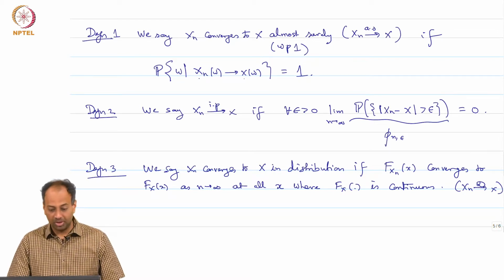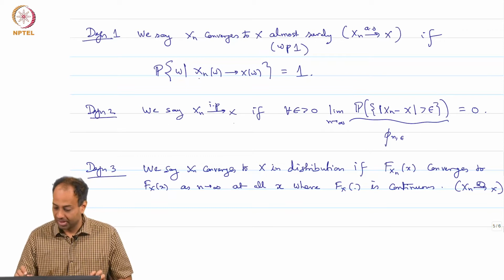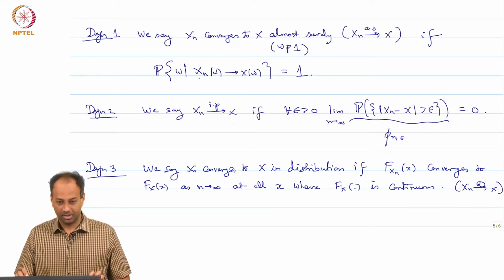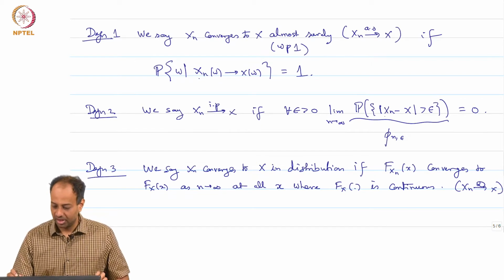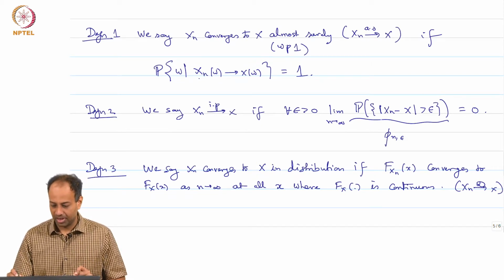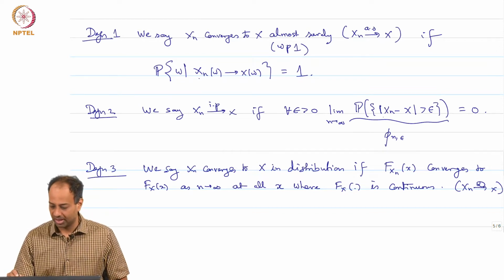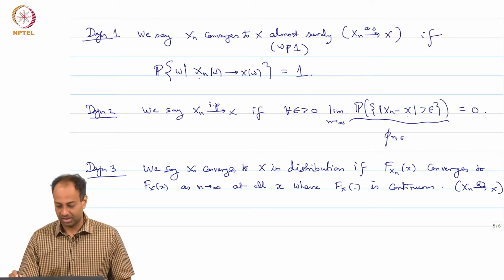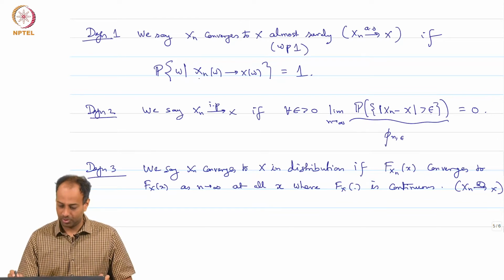Convergence in probability, which is definition 2 here, is a little weaker. You may not immediately see that it is weaker. It only concerns itself with the behavior of the probability at n. You look at the probability that the absolute difference between Xn and X exceeds some epsilon. You choose any epsilon, 10 to the minus 6, 10 to the minus 8, whatever you want.